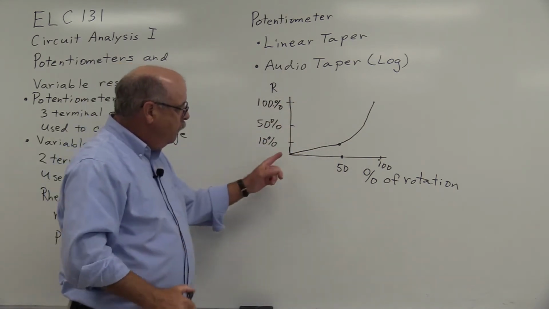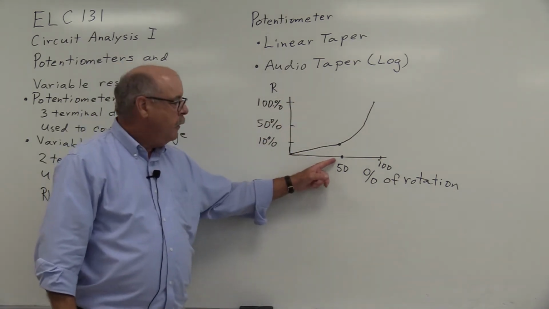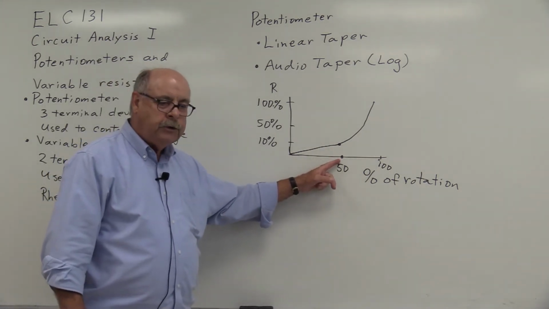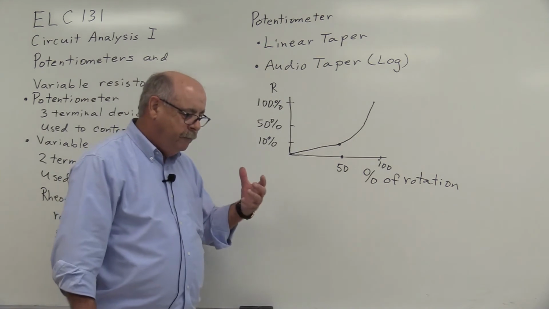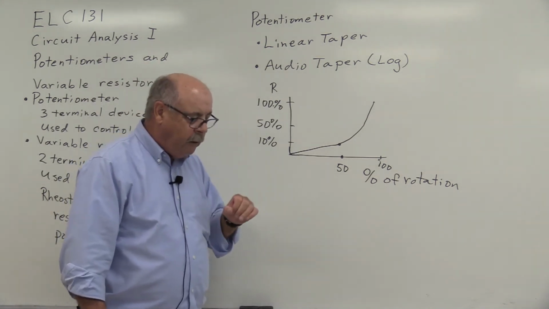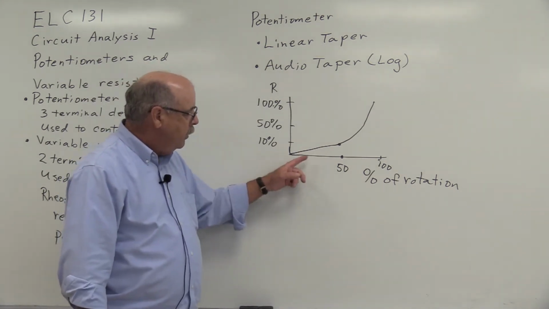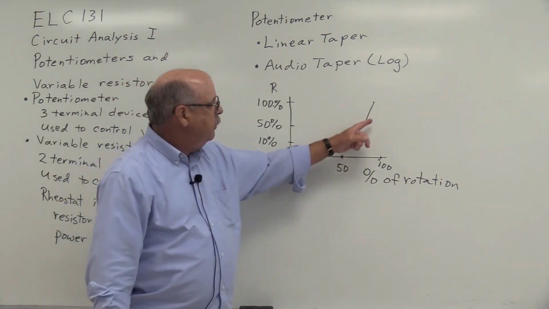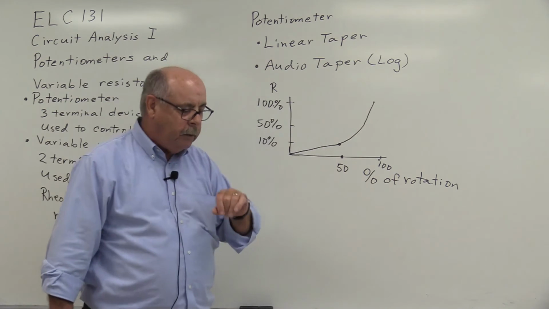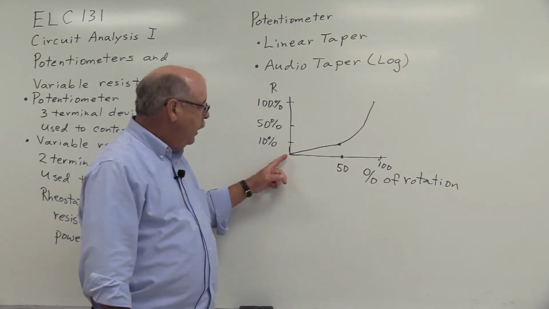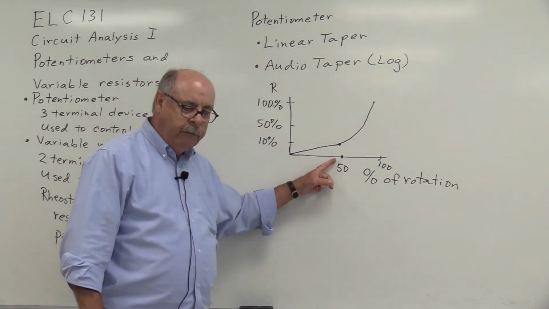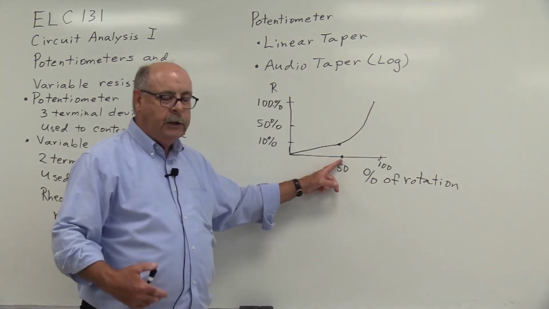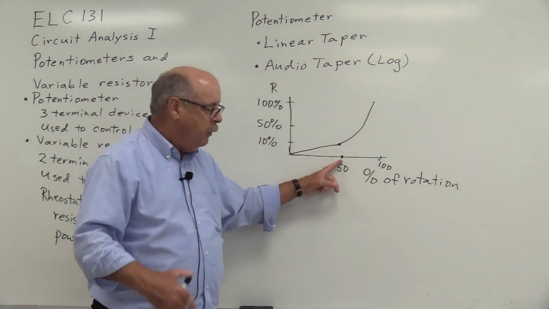So at low volumes, we have a small change in the resistance for a given movement of the potentiometer, resulting in a smaller change in the sound volume.